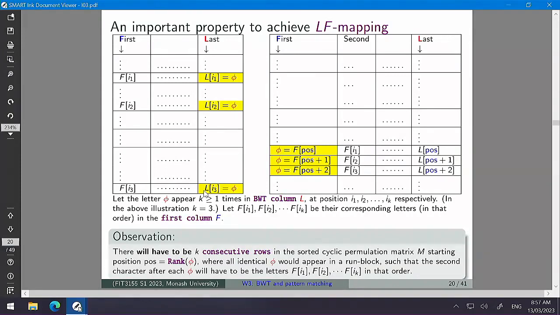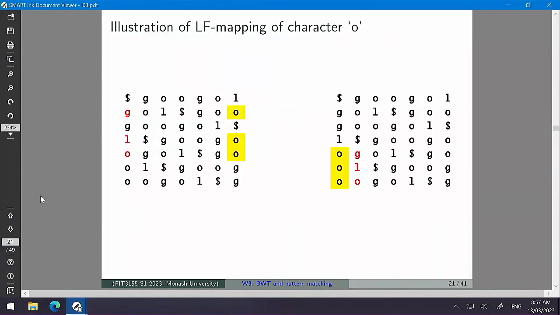Can you see that? Okay, I'll go back and forth between 2 slides now. So this is your last column. O appeared at position 2, position 4 and position 5. Okay, it can happen in any permutation, but in this example it was 2, 4 and 5.